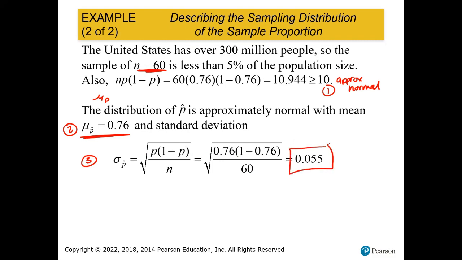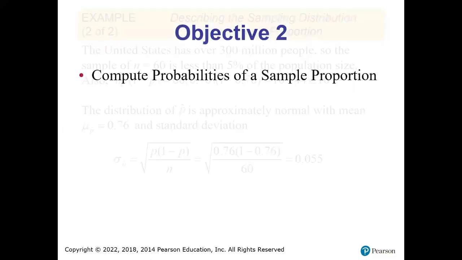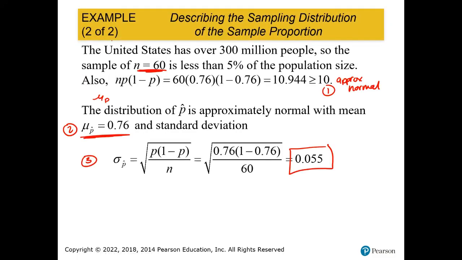This matches what we had a few slides back. So just remember, anytime you describe the sampling distribution, 3 things need to happen. 1, it should be approximately normal, and check that if you need to. 2, list the mean. And 3, calculate the standard deviation.